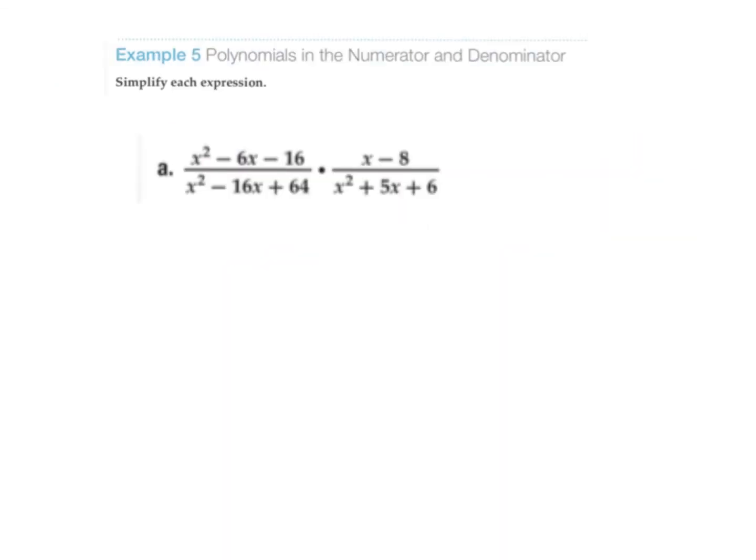So simplifying a polynomial, we're going to do the exact same thing. We're going to factor. So factoring this numerator right here is what two numbers multiply to give me a negative 16 and add up to a negative 6. Well, 8 and 2 do that, so this becomes x minus 8 and x plus 2.